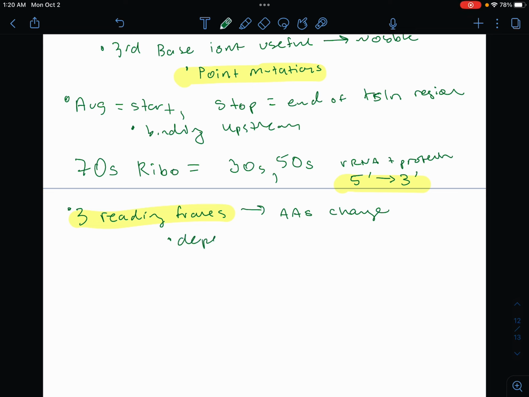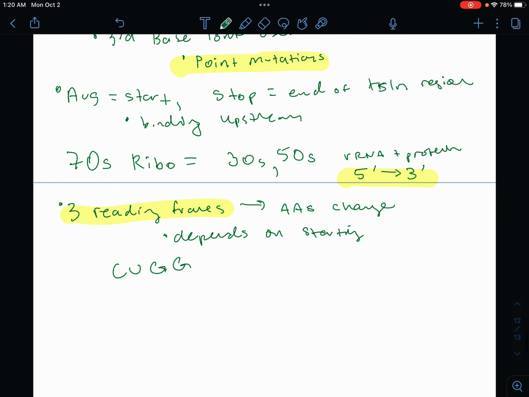Again, it depends on the start. And then you could have something like CUGG, but then if we shift over, we use this reading frame instead, it'll become UGG, and then if we shift once more, we're going to be reading from the G, and that means we're just going to have GG and then the next couple of codons, and each time we're going to be changing that amino acid depending on when we shift the reading frame.